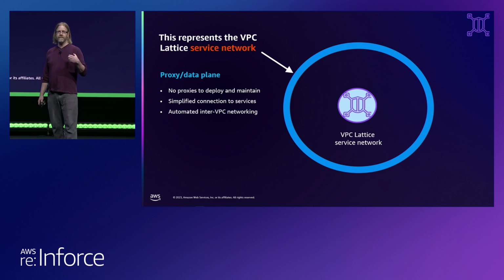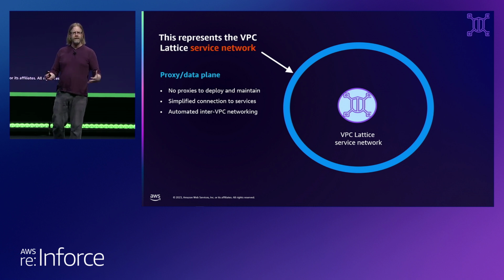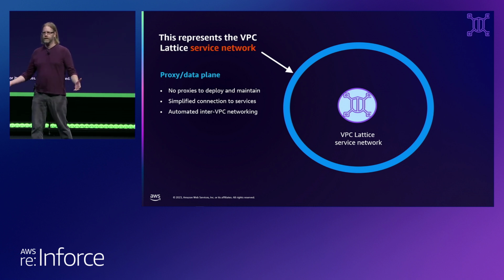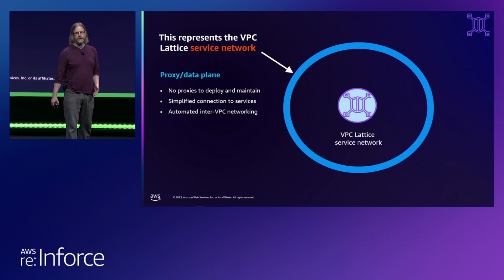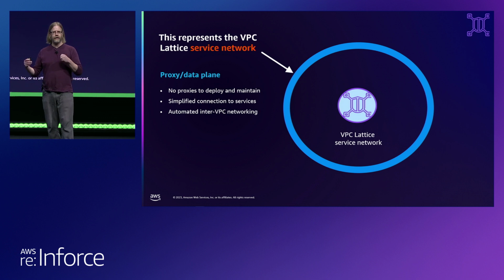And then we have the proxy data plane, because VPC Lattice is essentially a large proxy, right? And it extends through multiple VPCs. You don't have to configure individual proxies in every one of those VPCs. You can go ahead and configure your listeners and set it to your targets, and then away you go.